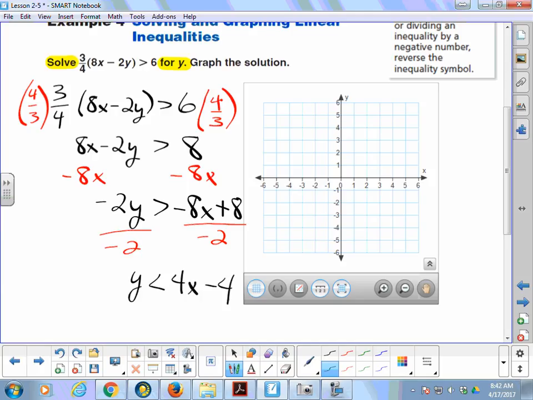So instead of greater than, we change it to less than, so y is less than 4x minus 4. Graph it. Y-intercept is at negative 4. Slope is 4, so we go up 4 over 1. Those are intercepts anyways. And we have a dotted line.